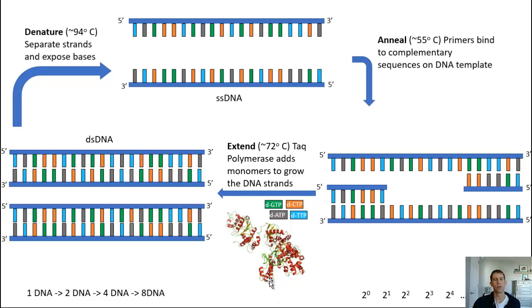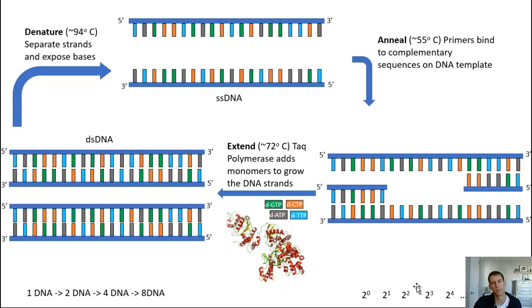So if we start with 1 double-stranded DNA, we're going to make 2 double-stranded DNAs, which I have shown here. If this goes around the cycle one more time, in the next step, we're actually going to make 4 double-stranded DNAs. So this is going to double every single time.